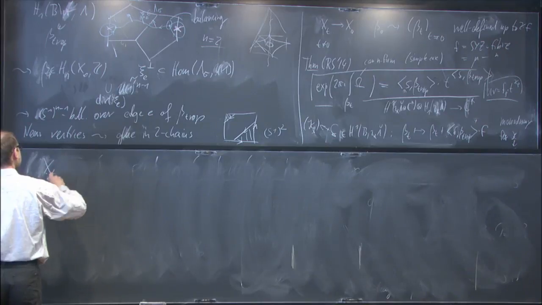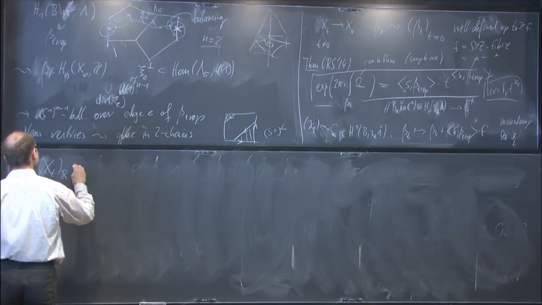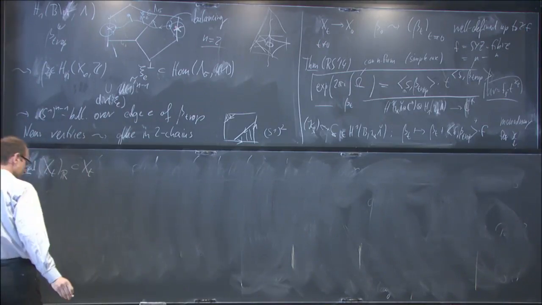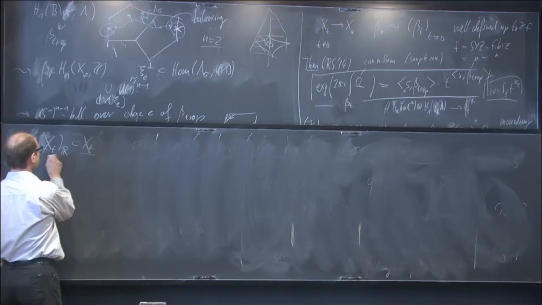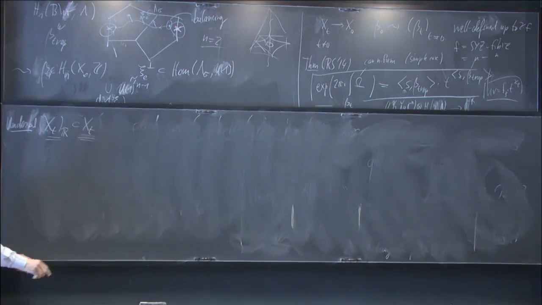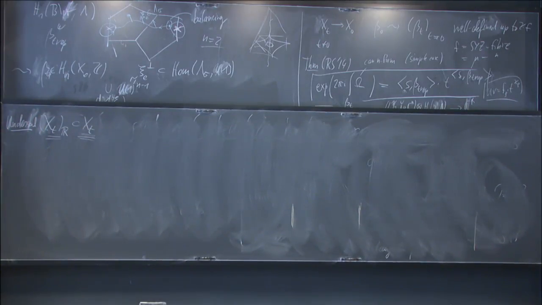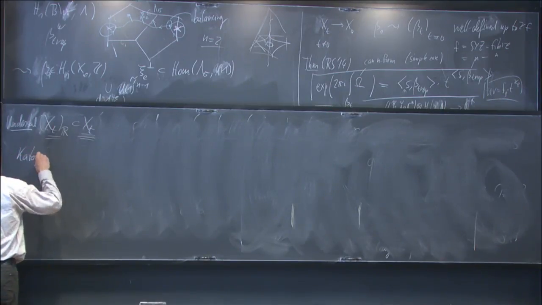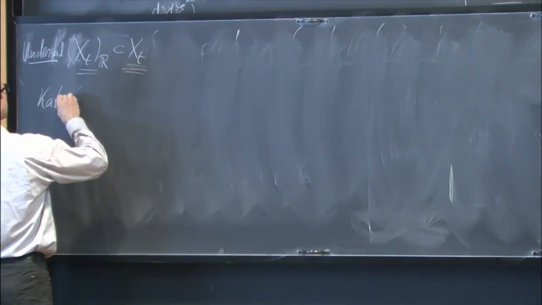Let's call it like this, X_t real in X_t. And maybe also X_t. Yeah, both of these we would like to understand. And that works by what are called Kato-Nakayama spaces or Betti realizations.